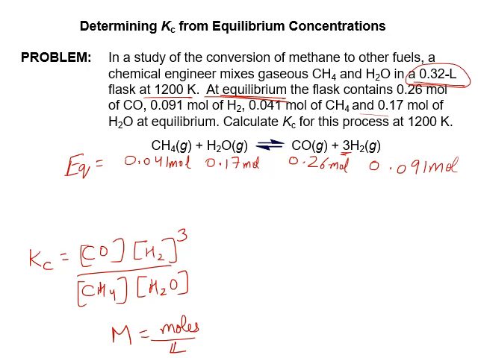You cannot plug moles into this expression, you need molarity. So how can I convert this to molarity? I have the moles and the volume. So I take the moles divided by the volume and that gives me the molarity. At equilibrium, you take each and divide it by the volume.